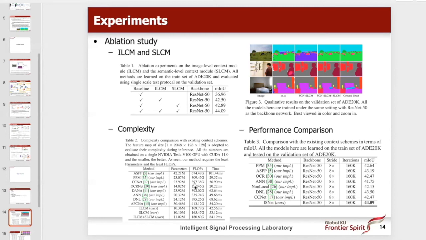So, on this one, I'm kind of curious. The number of parameters when you use only ILCM or just SLCM is about 10 million, right? But when you use both, it only increases by 1 million. When you look at the network, it seems you are doubling the overall network complexity, and you only add 10% more. I don't follow that. Let's go back.